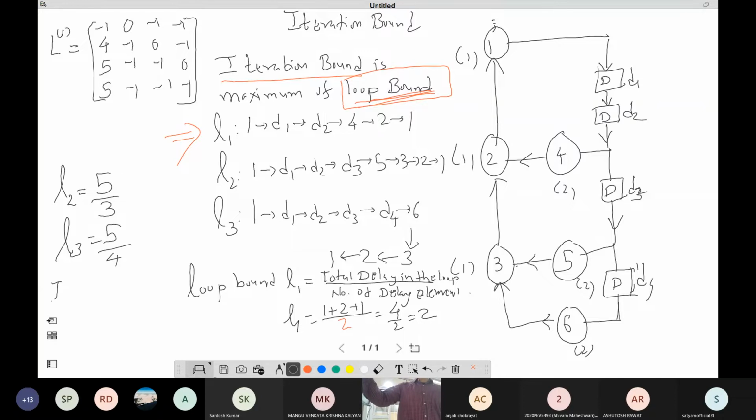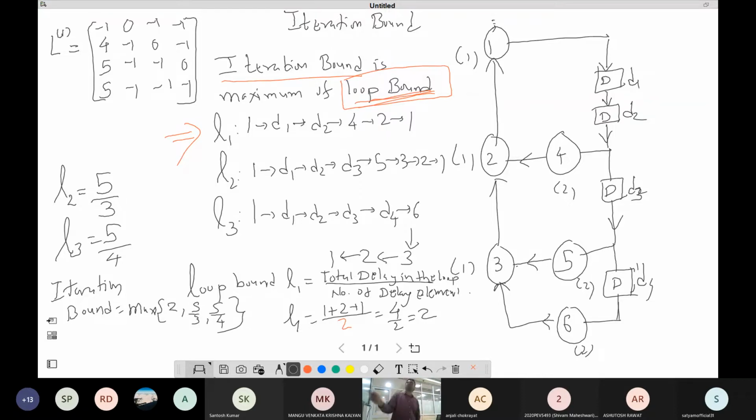Now my iteration bound. What is iteration bound? It is the maximum of loop bound. So I have a total of 3 loops, and for each loop I have found a loop bound. So it is the maximum of 2, 5 by 3 and 5 by 4.